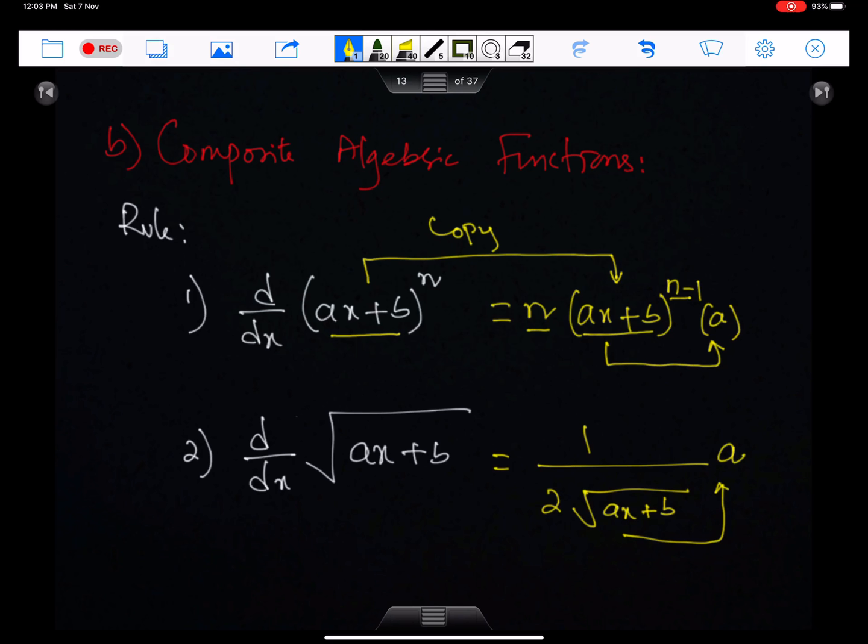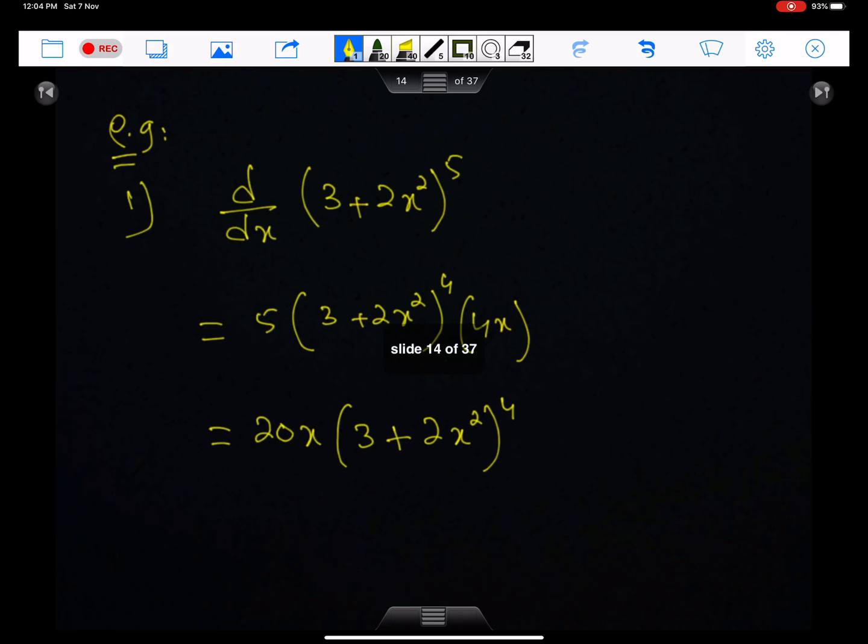Now under root. Well, to differentiate a composite function in square root, you can write 1 upon 2 square root and then differentiate the function inside the root. So that's the answer of this function. Another example of a composite function.